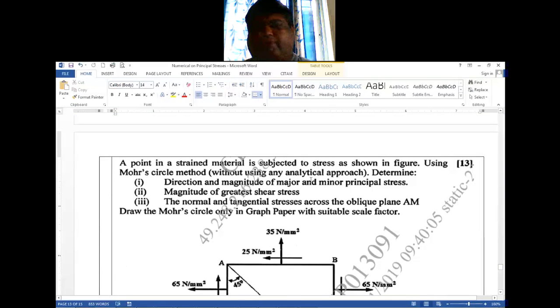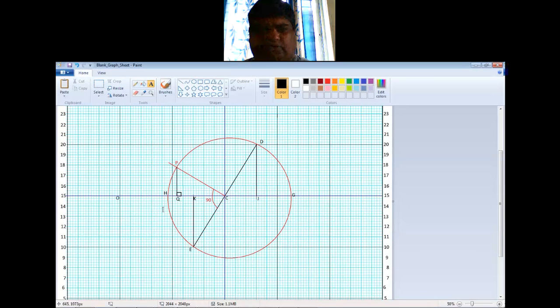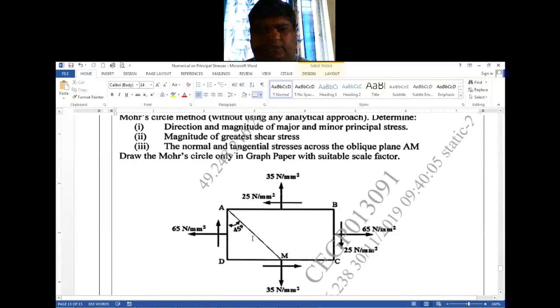Direction and magnitude of major and minor principal stress. So major principal stress is OG.